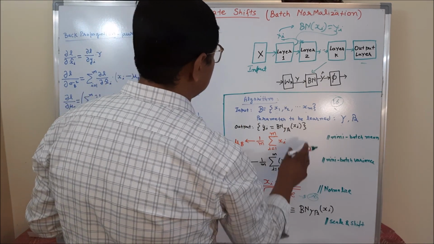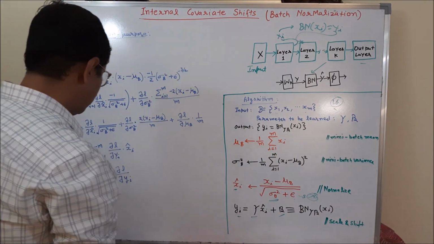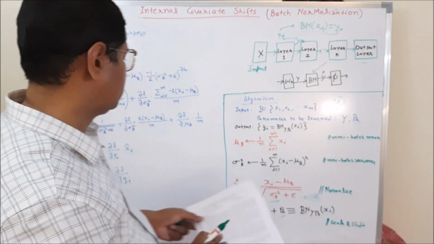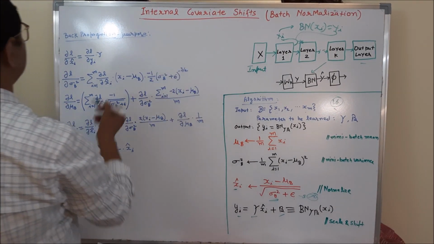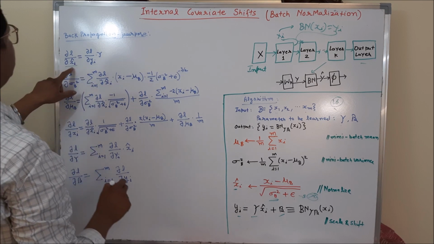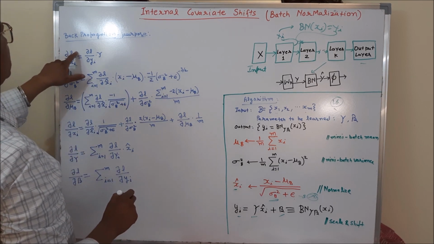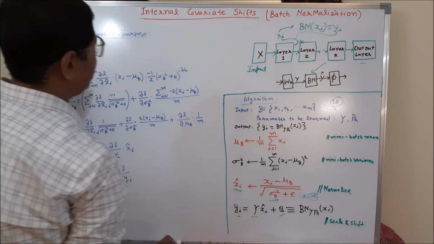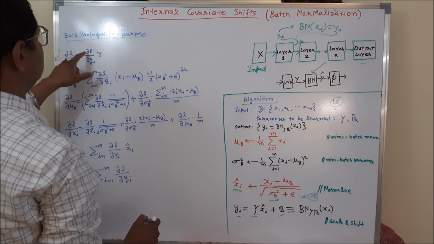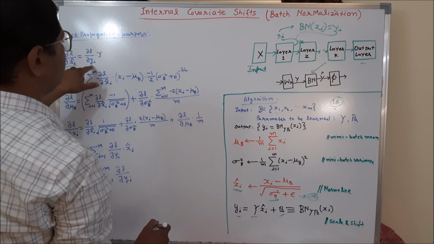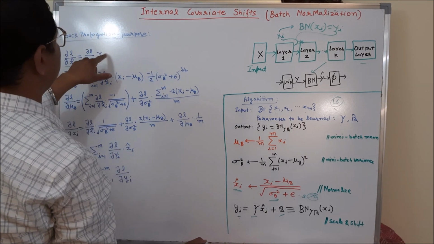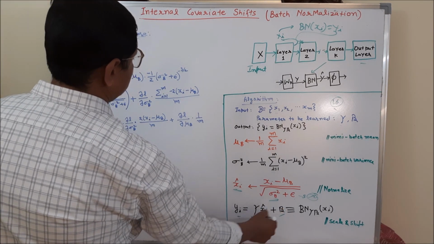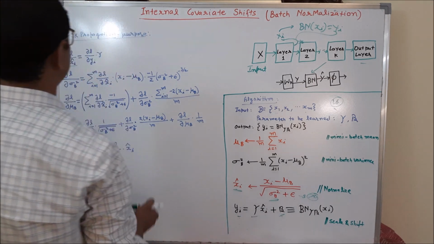So the authors in the paper have given how we can compute the derivatives. They have calculated the derivative with respect to the loss. L represents the loss. So the derivative of loss with respect to x hat i is the derivative of loss with respect to the output, multiplied by gamma.